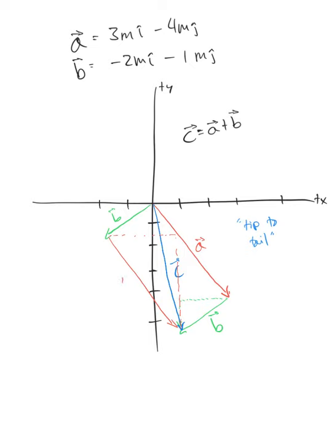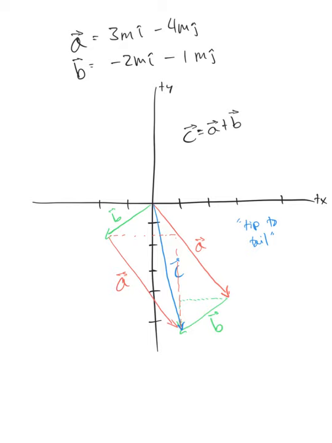Notice that if I draw vector b first and then vector a, or vector a first and then vector b, I still end up at the exact same point, which is where vector c would point to.